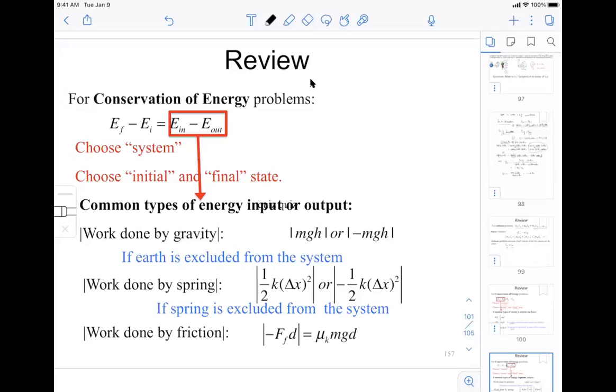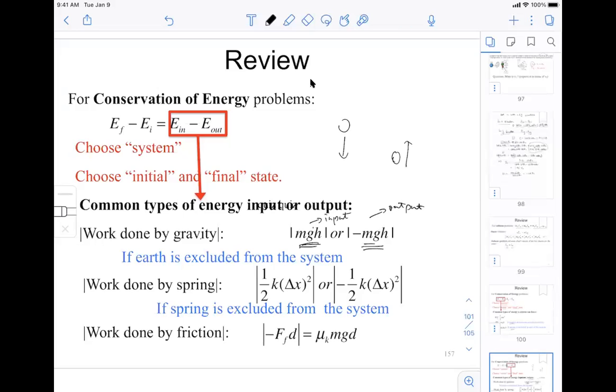So work done by gravity is either positive or negative mgh. So they can be either input or output. When you're dropping something, gravity does positive work, and that's an energy input because the object is speeding up. When something is going up and gravity is slowing it down, that's an output. So this will become an input, and this will become an output.